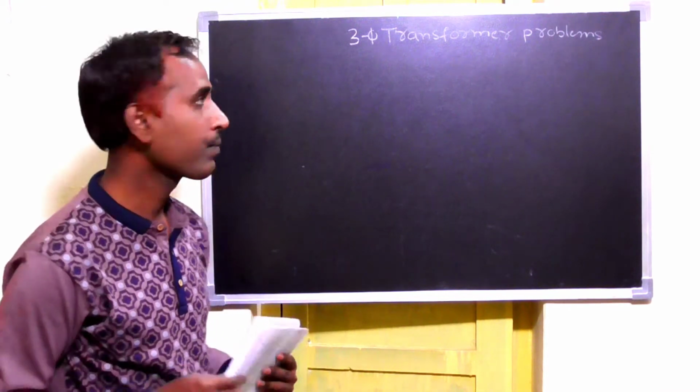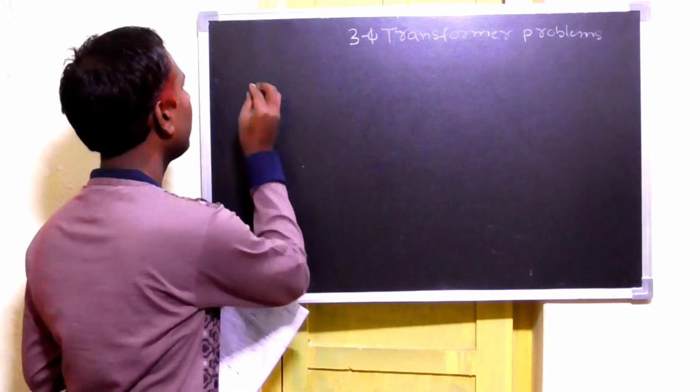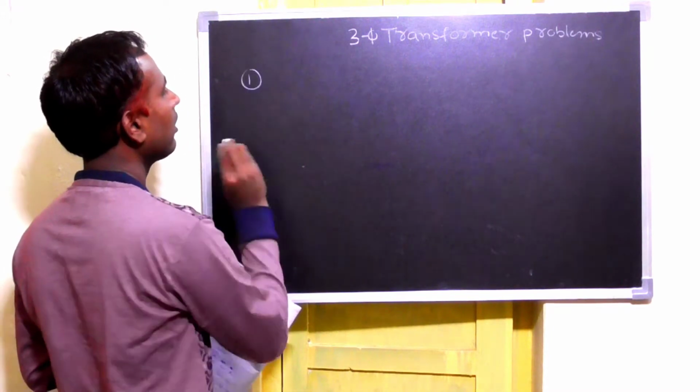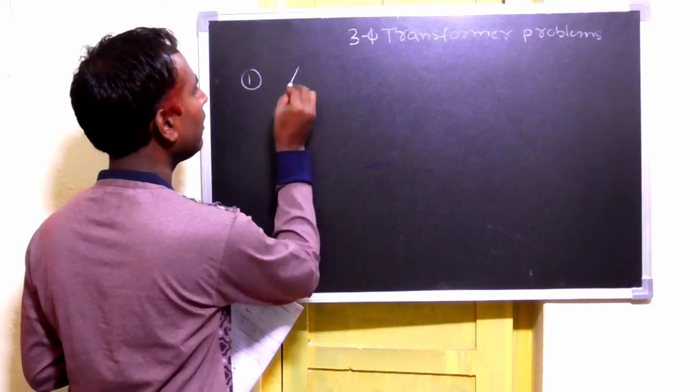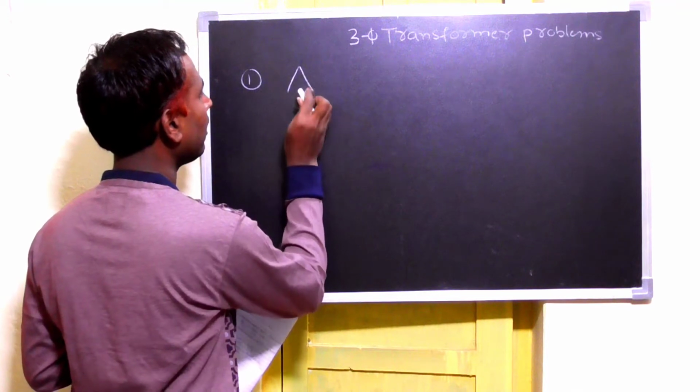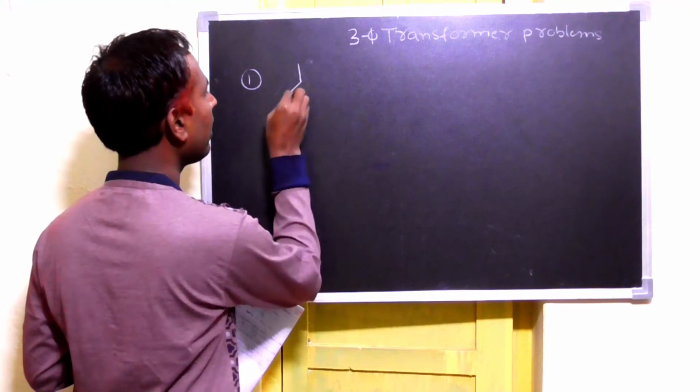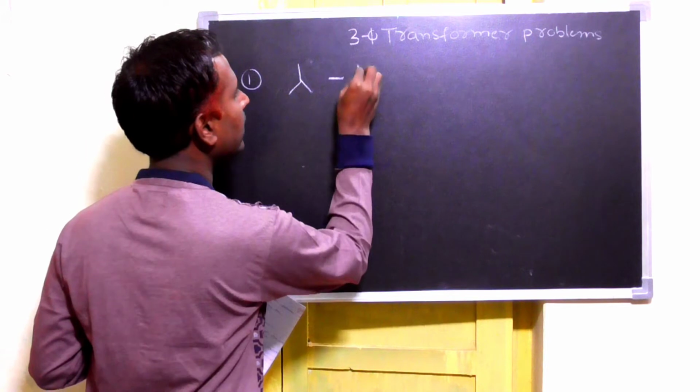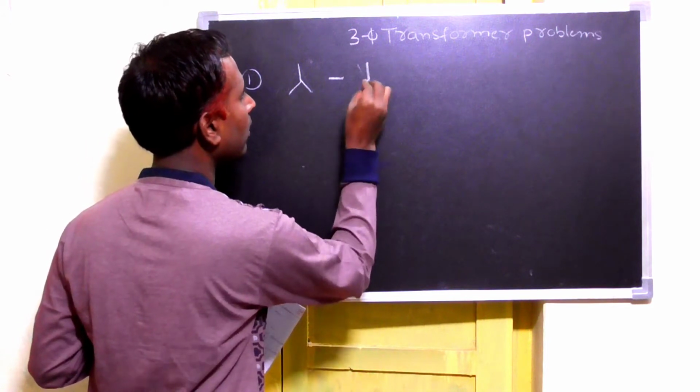Okay, let us start. In a three-phase transformer, the windings are connected in four ways. The first is primary star and secondary also star.